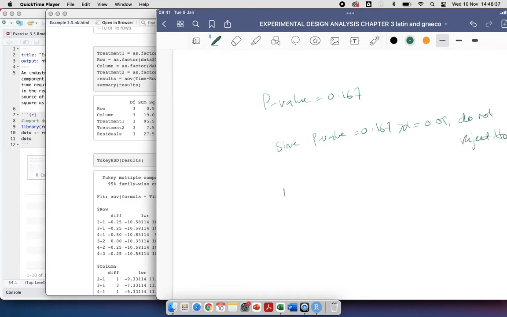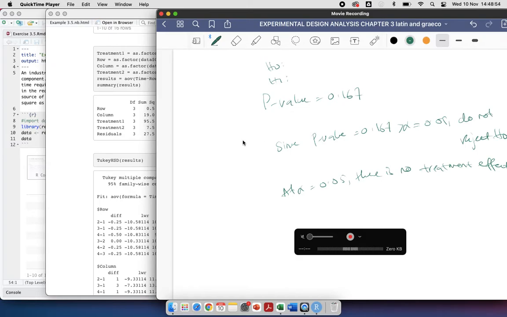If we do not reject H null at alpha 0.05, there is no treatment effect. This is the H null and H1 as usual.